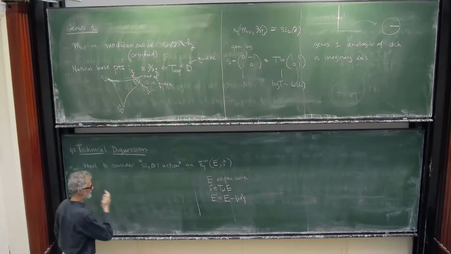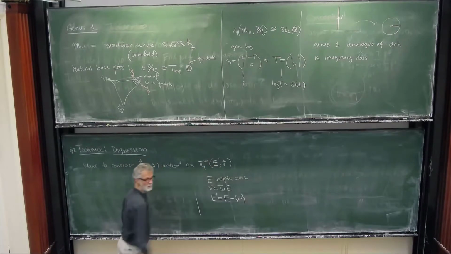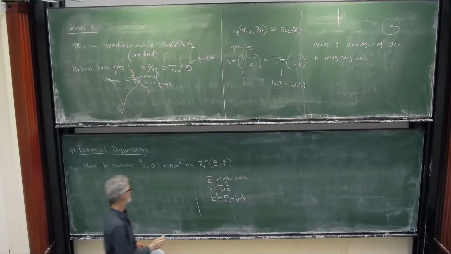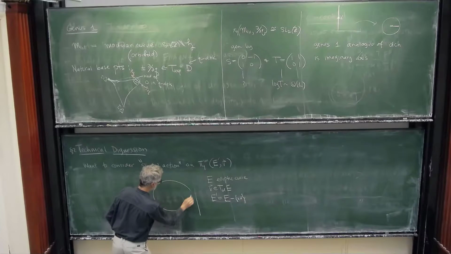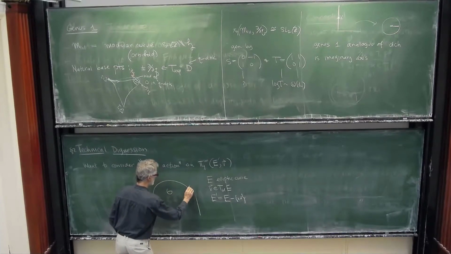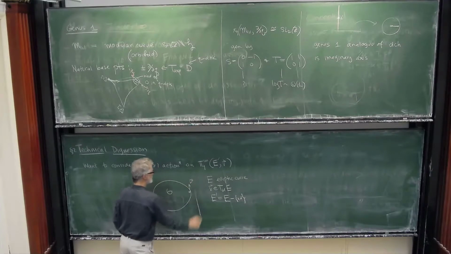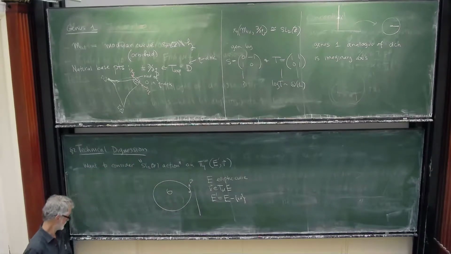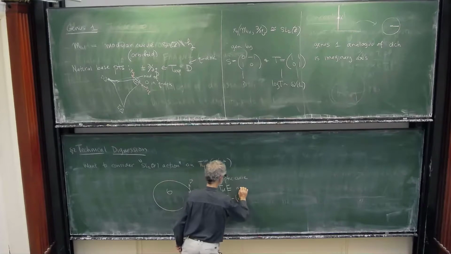Okay, you might say, why didn't I take another point? There's a good reason for not taking another point. I want to take a tangential base point as the identity. So I'm going to remove the identity, but as a base point for pi 1, I'm going to use some non-zero tangent vector.